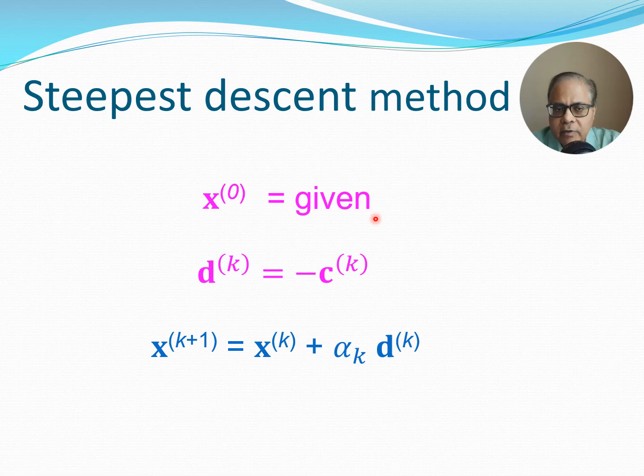You will need a starting point x0, which is presumed to be given, and then you can calculate immediately that x1 is x0 plus alpha 0 d0 and so on. That's the simplest method, which we use as a benchmark to compare all the other gradient based methods with.